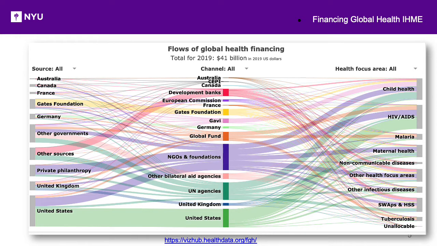Although McCoy and colleagues were able to categorize global health institutions into three strata, when it comes to looking at the flow of donations from organizations to specific areas of health focus, the funding flows are very, very complex.